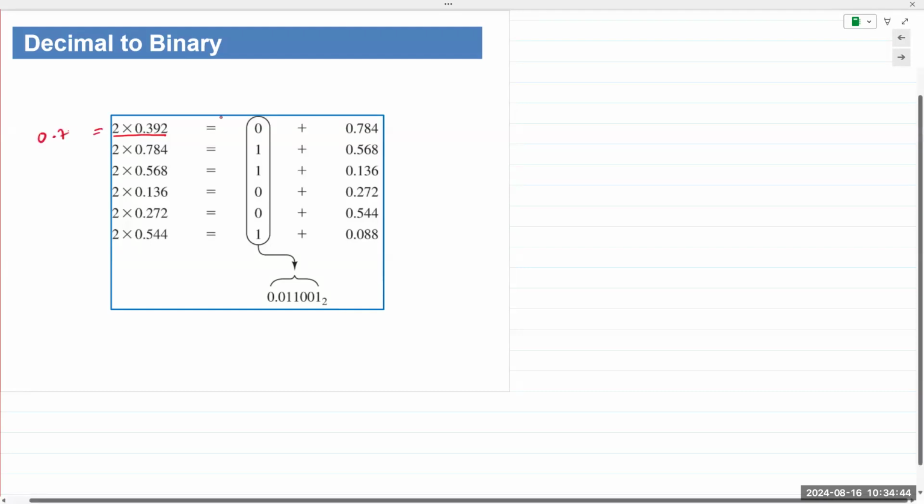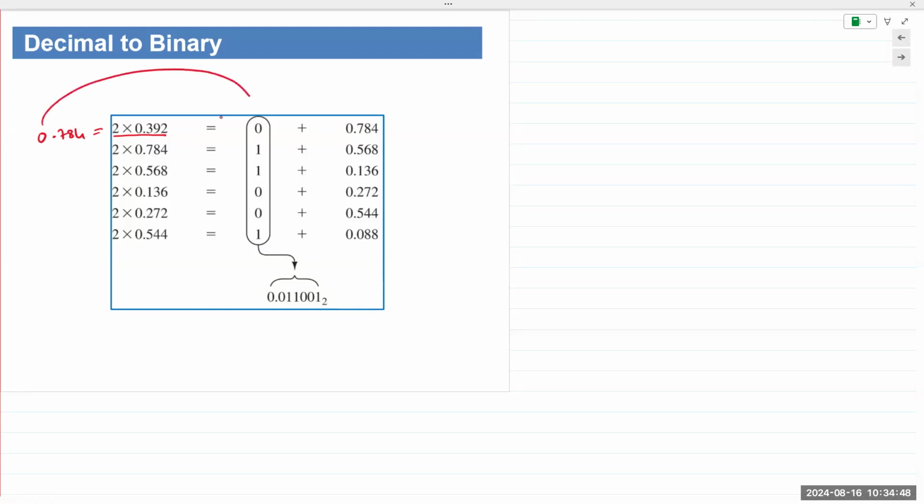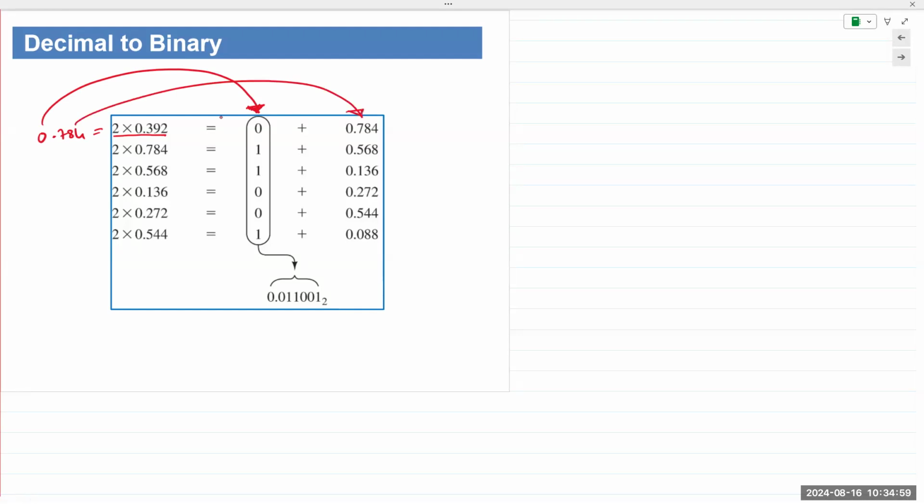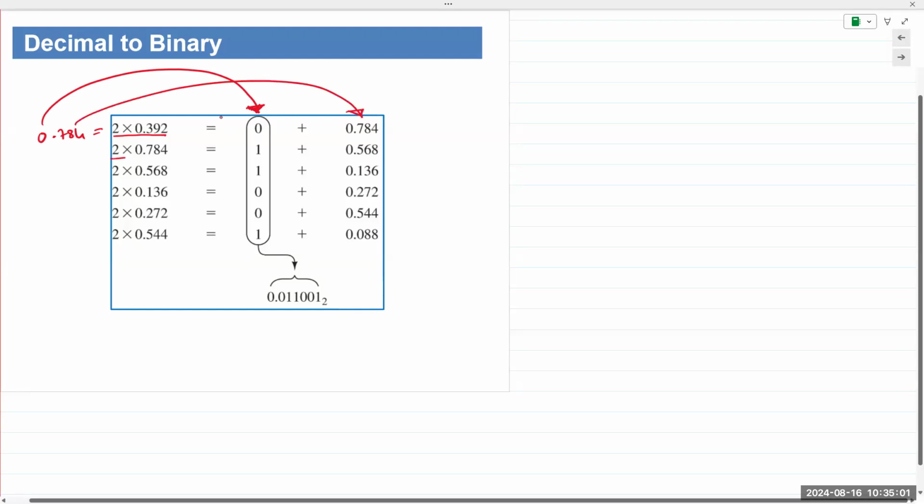is 0.784. The 0 is carried over here. The decimal point goes here. And then take 0.784, you get 1.568 when you multiply by 2.